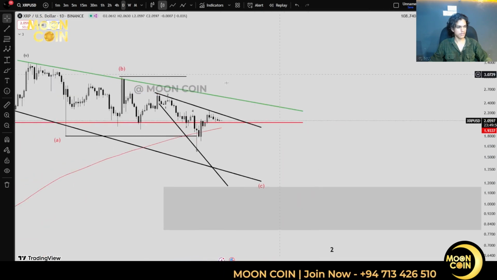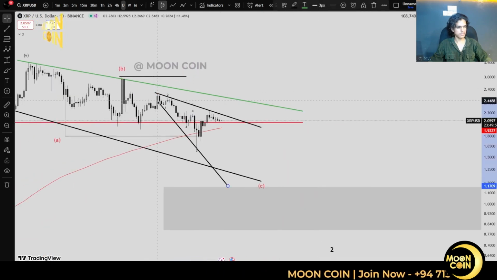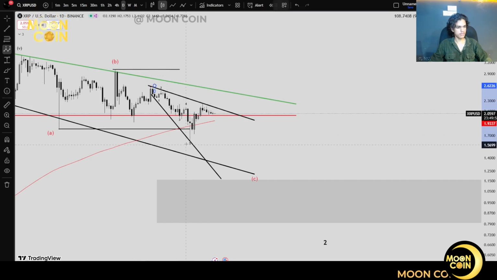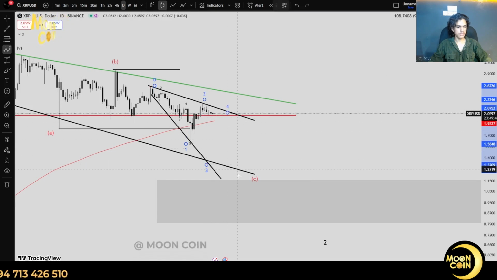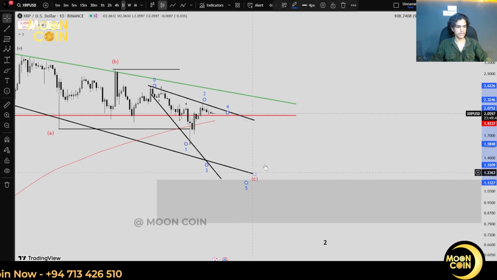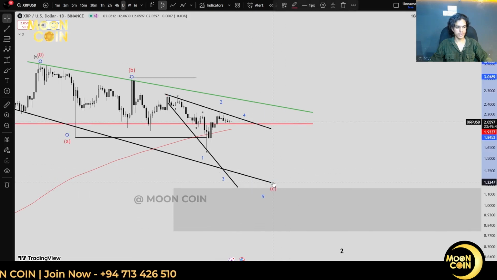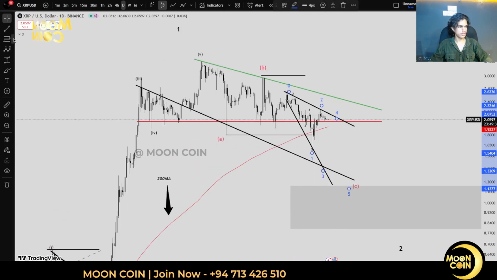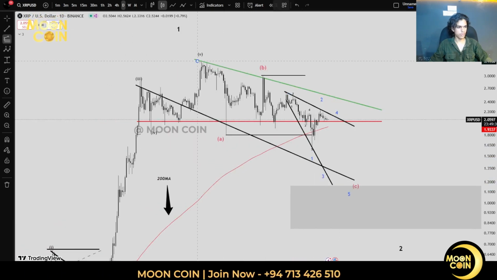If we take this as 1, this as 2, 3, 4 could be here and 5, the C count should be here somewhere. Let's see where the C count can go.